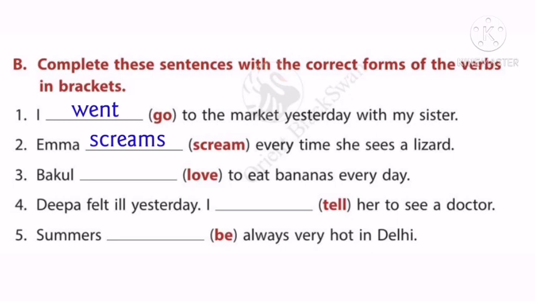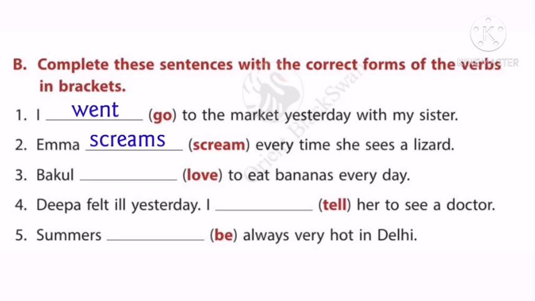See the next one. Bakul dash to eat bananas every day. Here the action happens every day. So this sentence is in simple present tense. And here the subject is Bakul. Bakul is only one person. If there is only one person or the subject is singular, we have to add s or es with the verb.